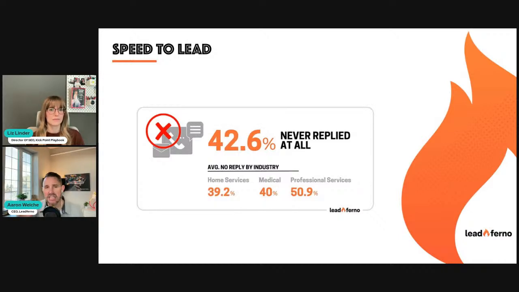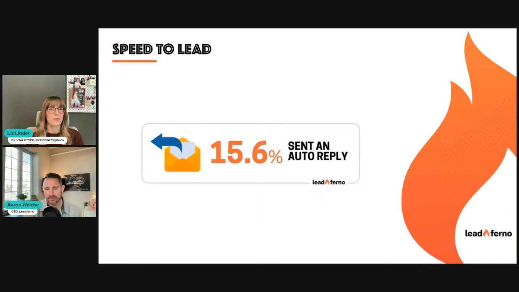A lot of times, I see contractors get a bad rap all the time. Our home services were actually the lowest, at 39%. Medical, a negligible difference based on the size of our survey here. But then professional services, law firms, tax services, accountants, things like that, we saw not fare as well. Almost half of those going unreplied to at all.